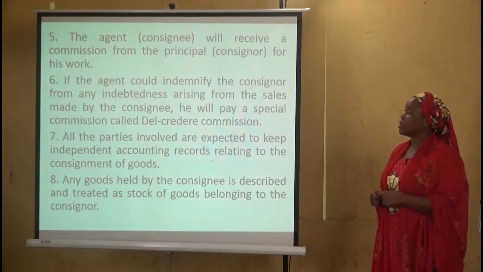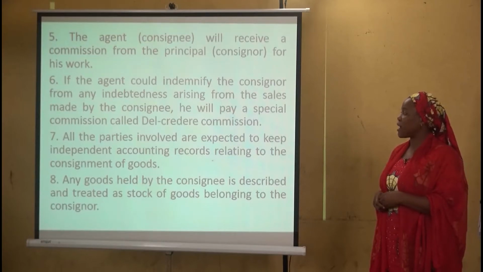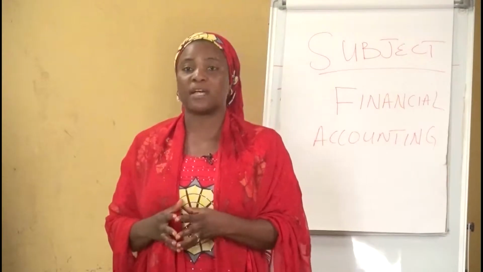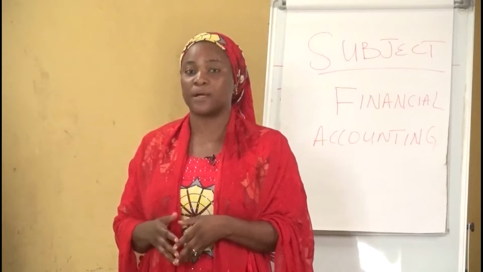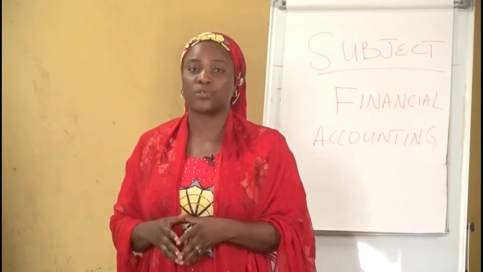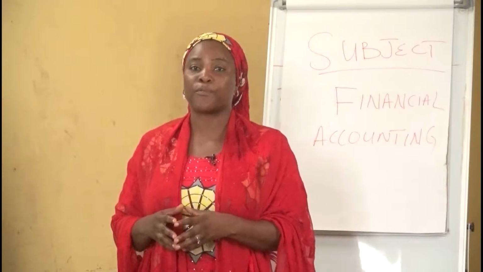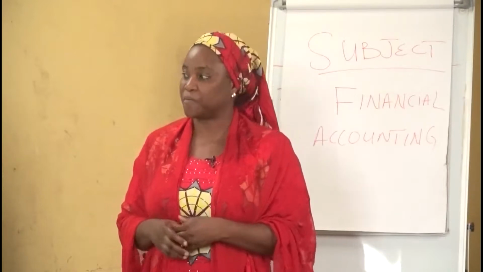Number 7, all the parties involved are expected to keep independent accounting records relating to the consignment of goods. The two parties involved, the agent and the principal, are to keep separate books of account for proper accountability.